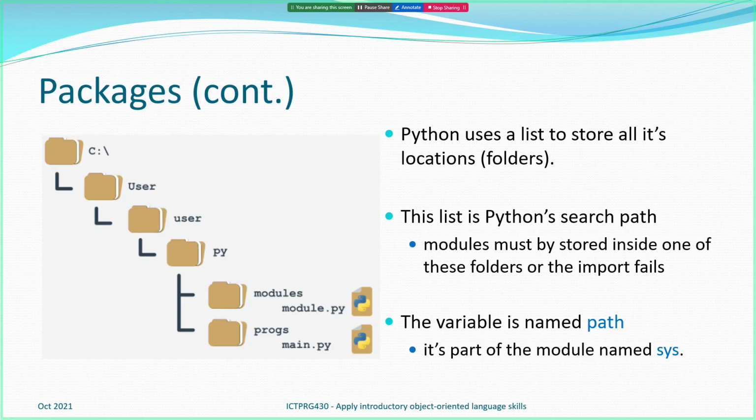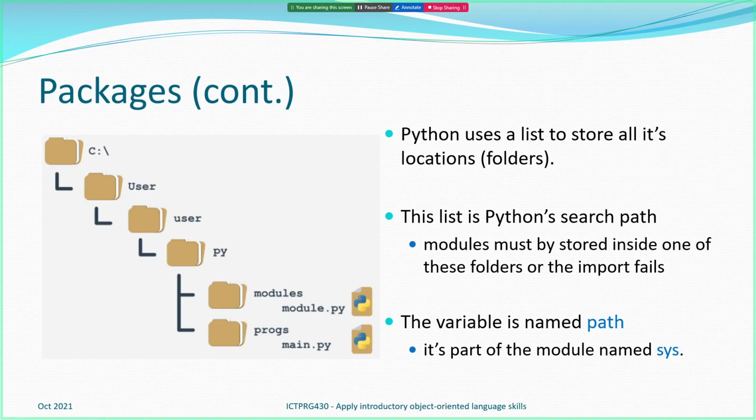So when Python is executing, it is using a directory structure or folder system, and it needs to know what that pathing is, and files need to be within that path because it uses the path to do its searching.